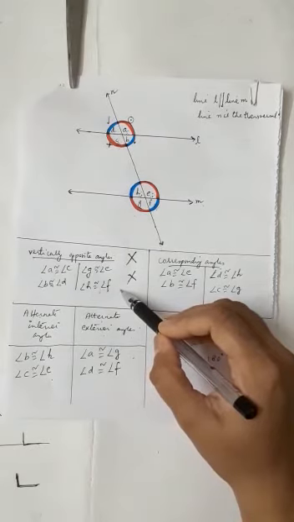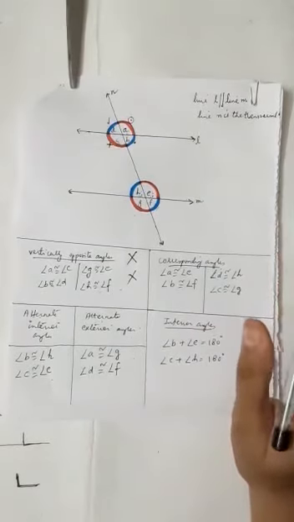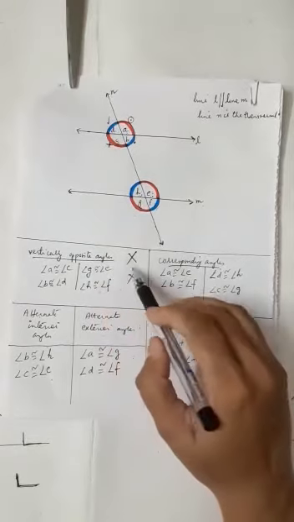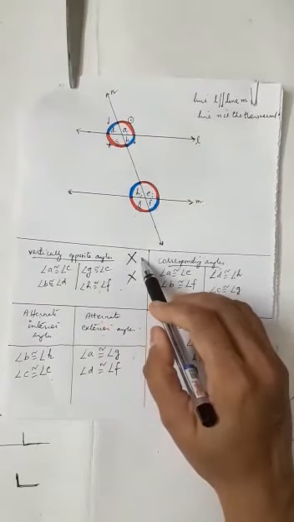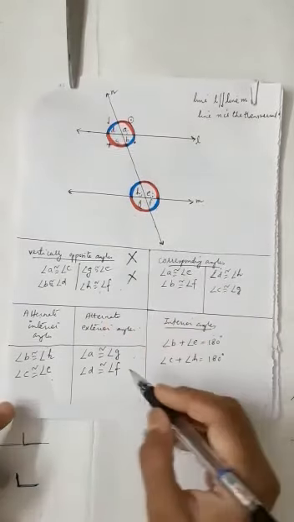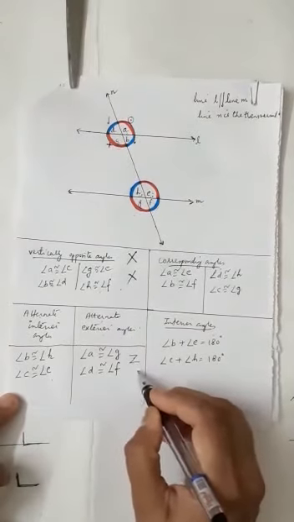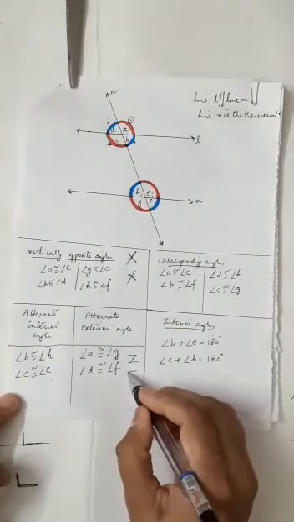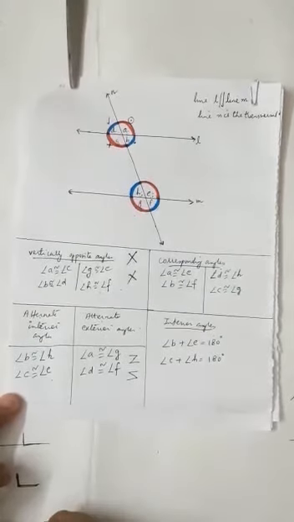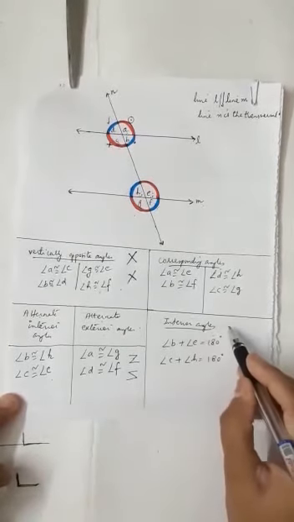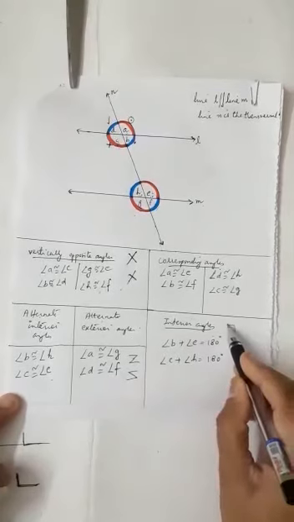Now children, what is important is shape. For vertically opposite angles, we are looking for a cross or X. Clear, children? When we talk about alternate angles, we will be looking for the Z, either the Z in this way, or the reverse Z. When we are talking about interior angles, we will be looking for the bridge formation.